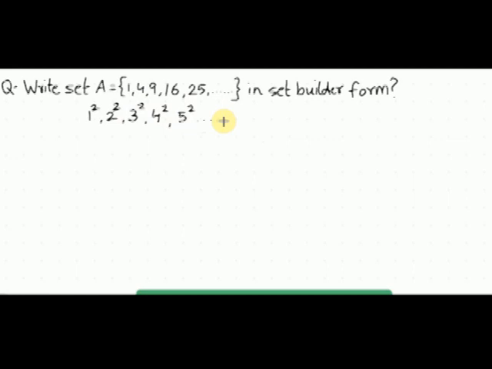What are these? These are a set of natural numbers, right? So since these are a set of natural numbers and we have to write their squares in the set, how we can denote it? Let's see how we write it.